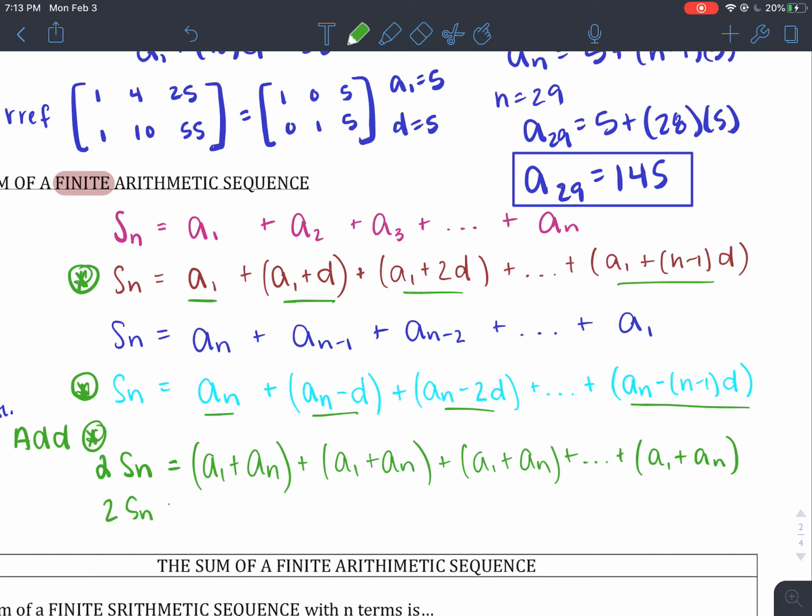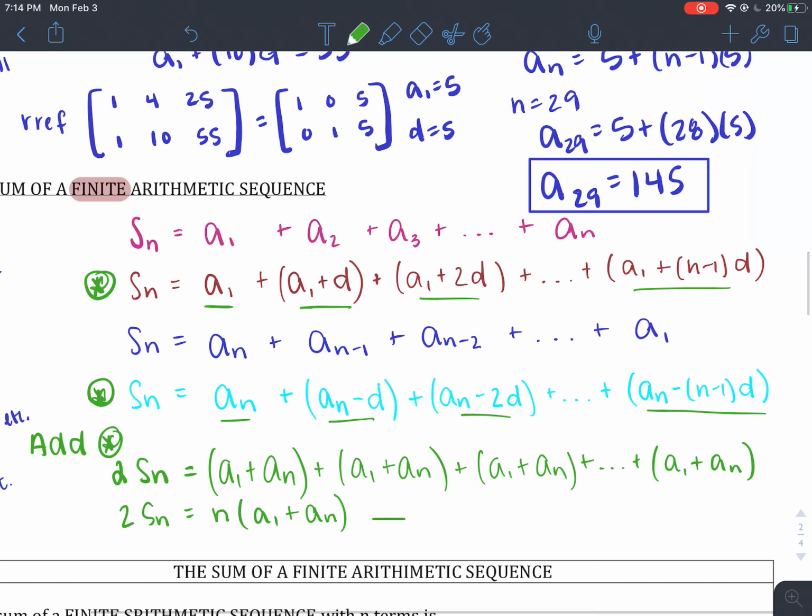So 2s sub n is equal to n times a sub 1 plus a sub n, which means to get s sub n alone, we divide by 2. I get n over 2 times a sub 1 plus a sub n.